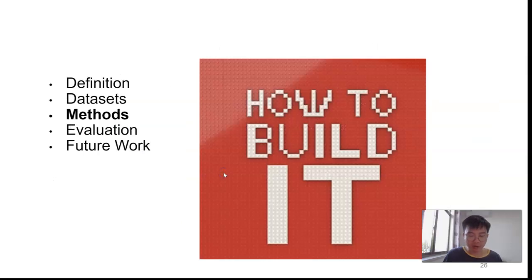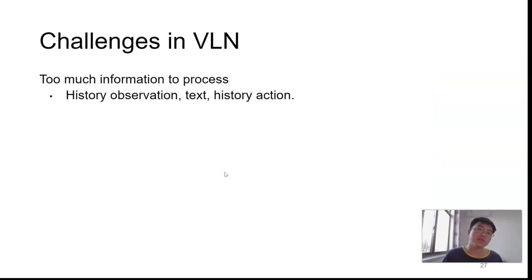Here we describe how to actually build an agent. Before we introduce the methods, we need to first identify what the key challenges in VLN are. First, there is too much information to process in VLN. The navigation history could be very long.